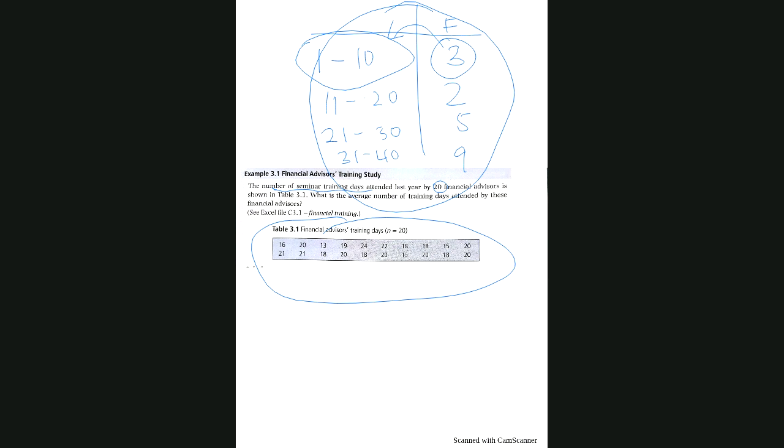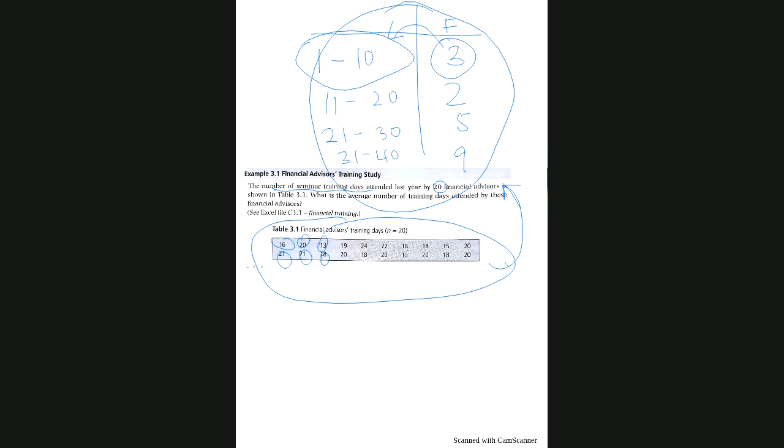They've said 16 days were attended, 21, 20, 21, 13, 18, and so on. Very commonly you have examples like this where they list out the values and then you are required to take these random values and put them into a table format like they are at the top here.